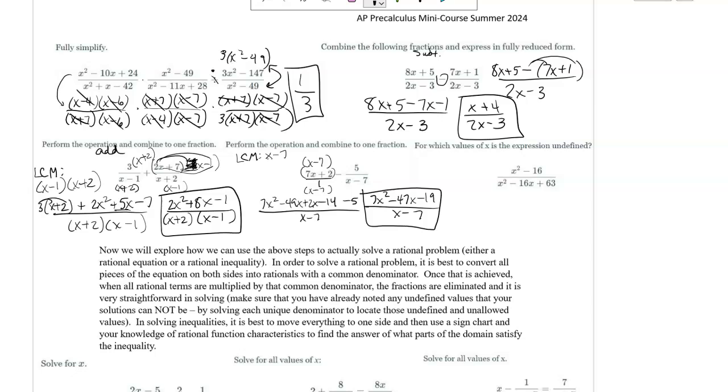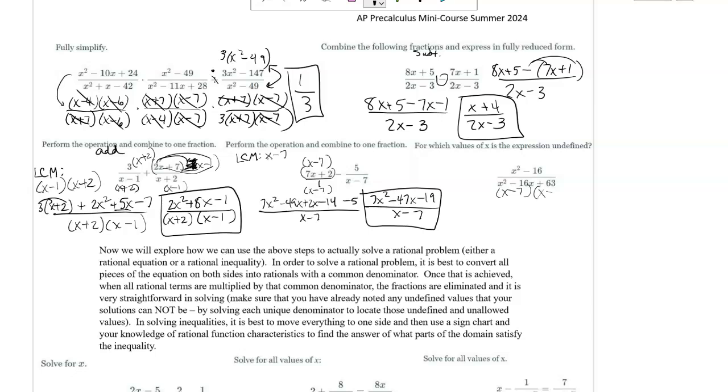So what are the values of x in these problems where we have x in the denominator that would make the polynomial on bottom equal 0? Those are our undefined values. Which values of x is the expression undefined? I would take a look at my denominator, I would factor it.